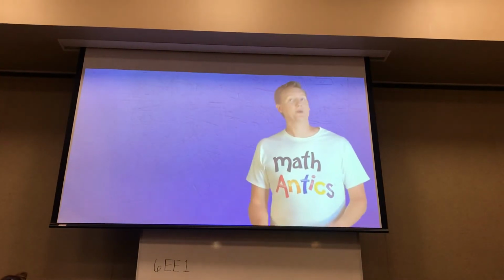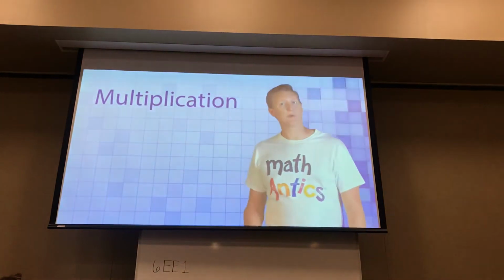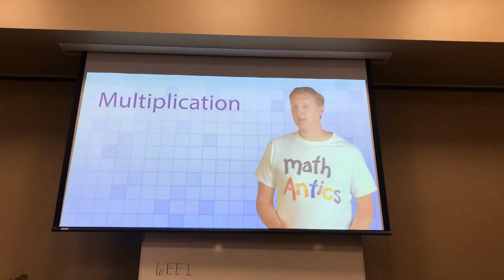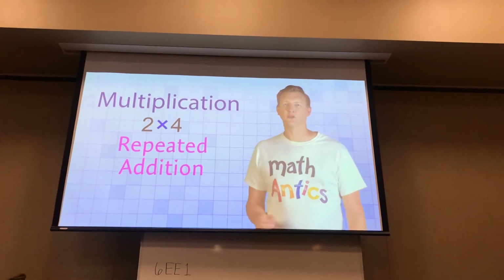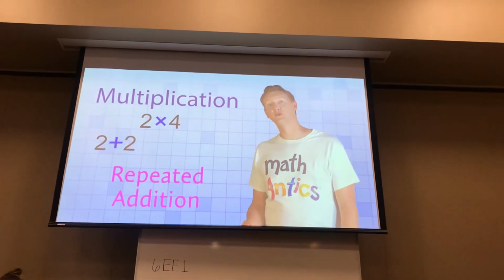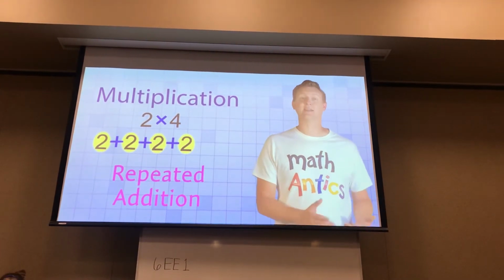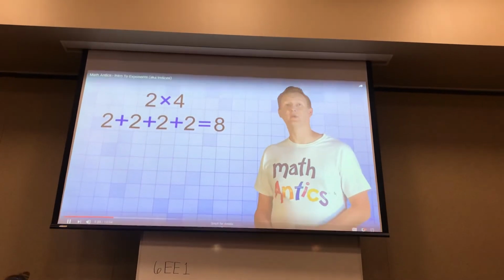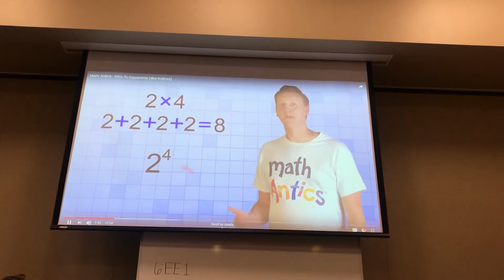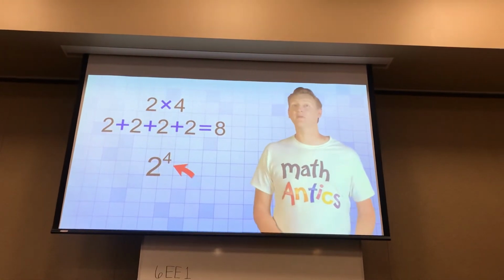To help you understand what I mean, let's review multiplication for just a second. Do you remember how multiplication is basically repeated addition? For example, 2 times 4 is a shorthand way of writing 2 plus 2 plus 2 plus 2. It's the same as 4 2's being added together, which equals a total of 8. Now, let's compare that to a similar exponent. Yep, that's an exponent. And in a minute, we'll talk about why it looks like that and why the numbers are different sizes.